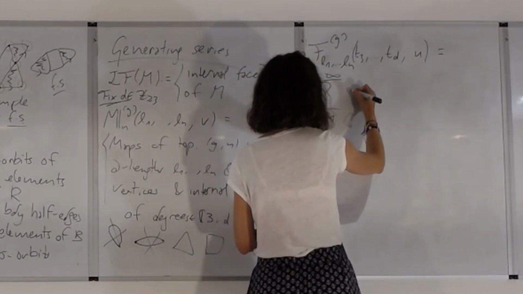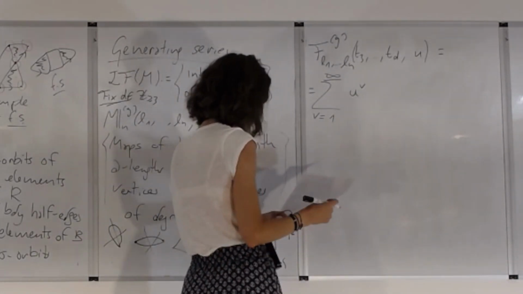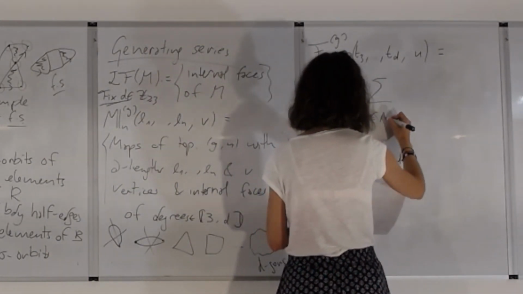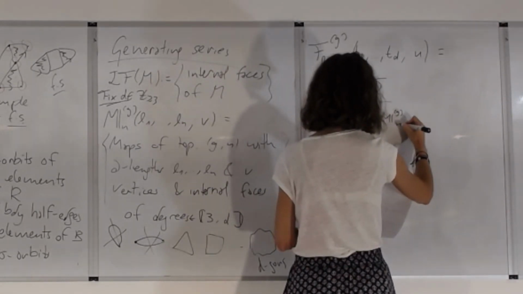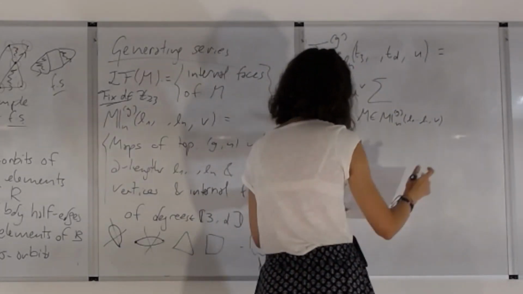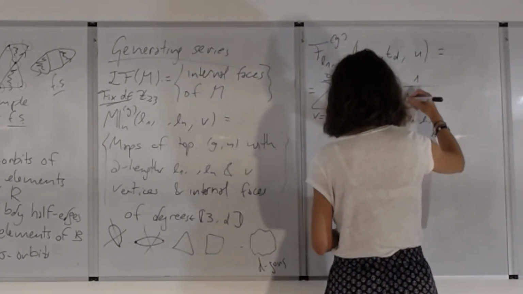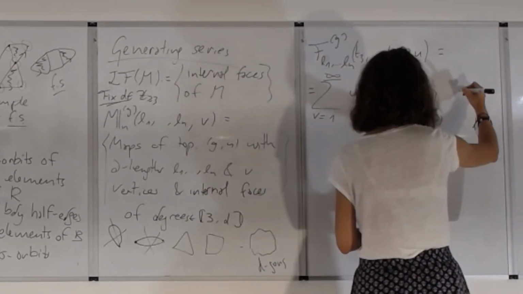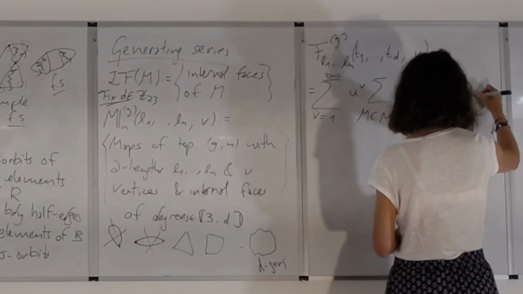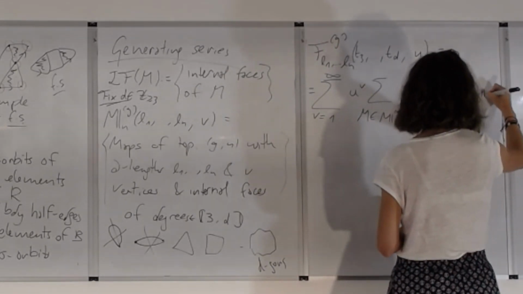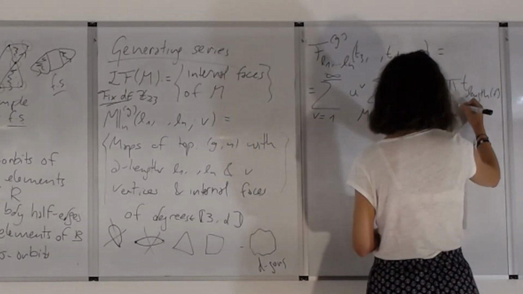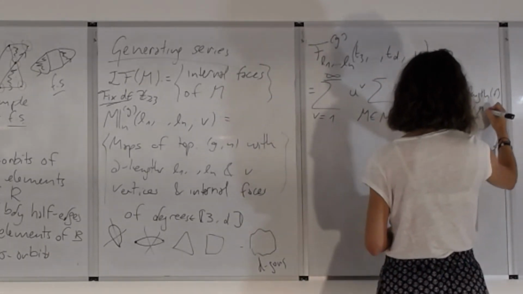We put a weight for the number of vertices to keep track of the number of vertices. And then we sum over maps that belong to our set. We divide by the number of automorphisms, and we put weights t_k, where k is the length of every internal face. So here we take the product over internal faces of M.